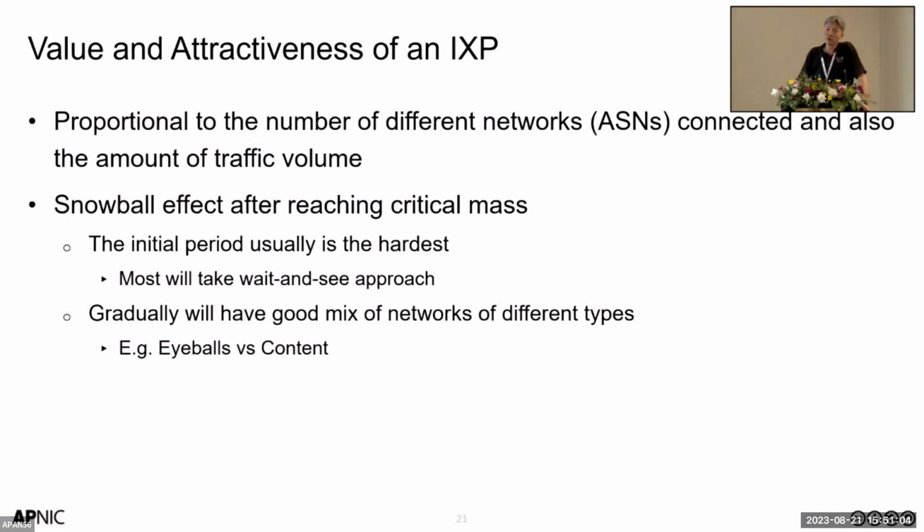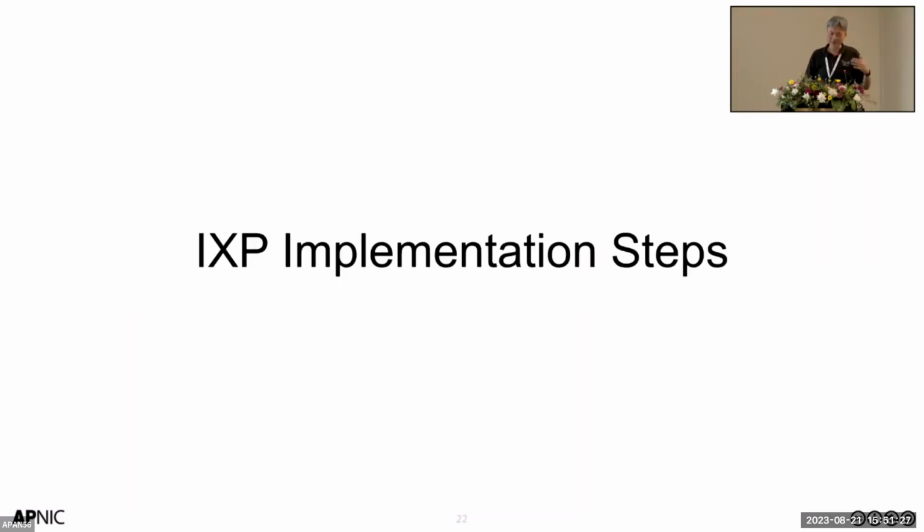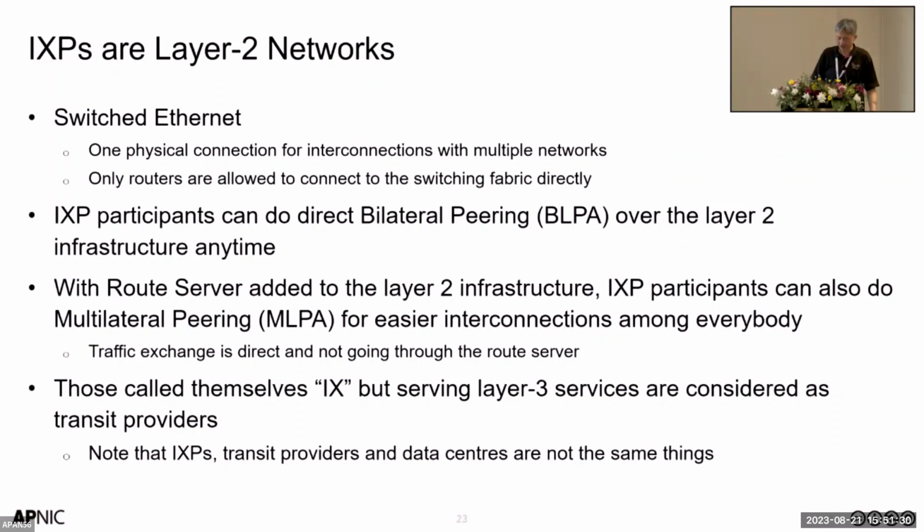Also, gradually, you can get a good mix of traffic and a good mix of networks, because if you get enough eyeballs, then you can get more content to connect to you. If you get more content, of course, you can get more eyeballs. So it's a very good snowball effect. But the initial part would be very, very difficult.